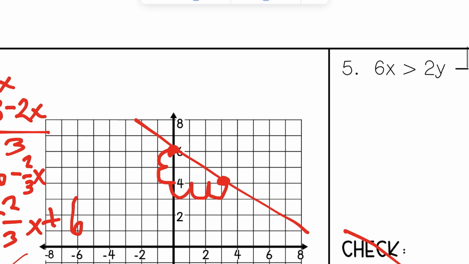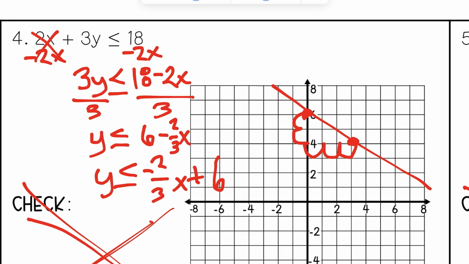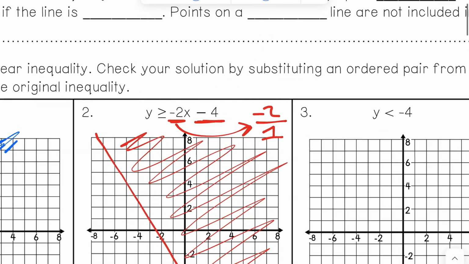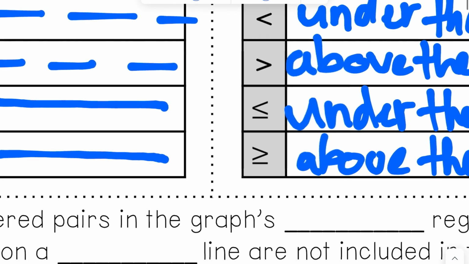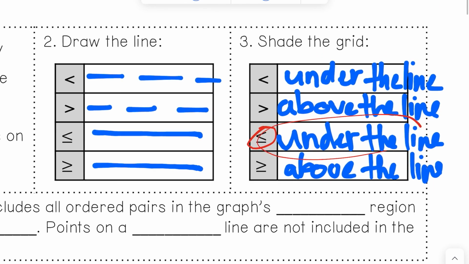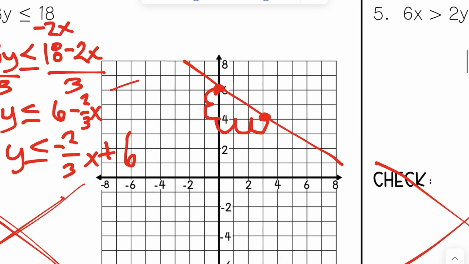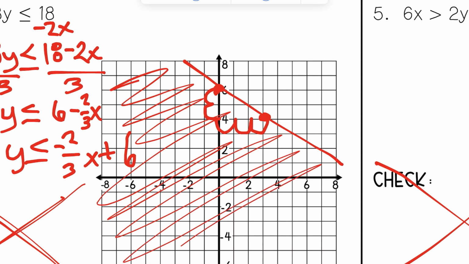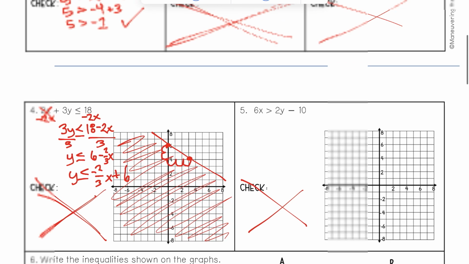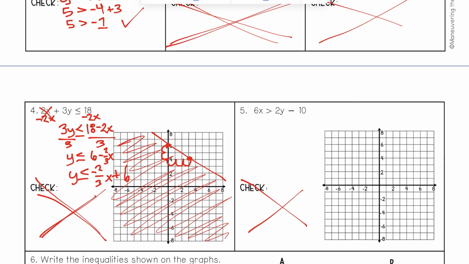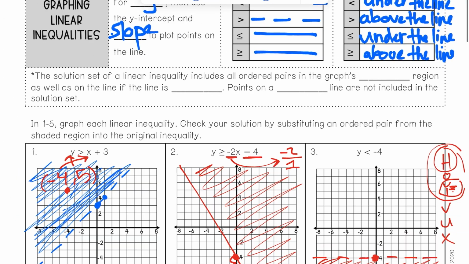There we are. Last thing, figure out if we shade above or below. Less than or equal to, we shade under the line. So let's shade under the line. There you go. Okay, now let's pause and let's go back and look at this.